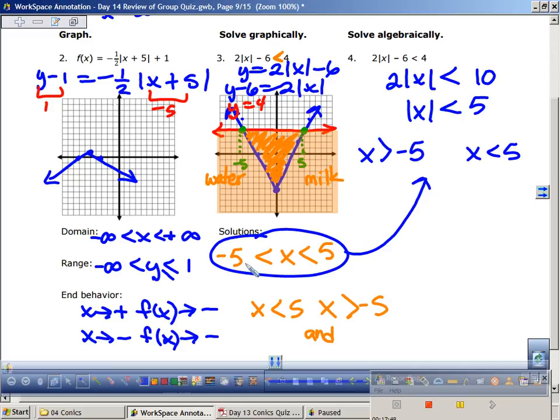Yes, you're right. You need the graph and the line. You can't solve it graphically without the line. There's no way to know that it's at 5 and negative 5 if you just have a V and not a line. Right? All right.